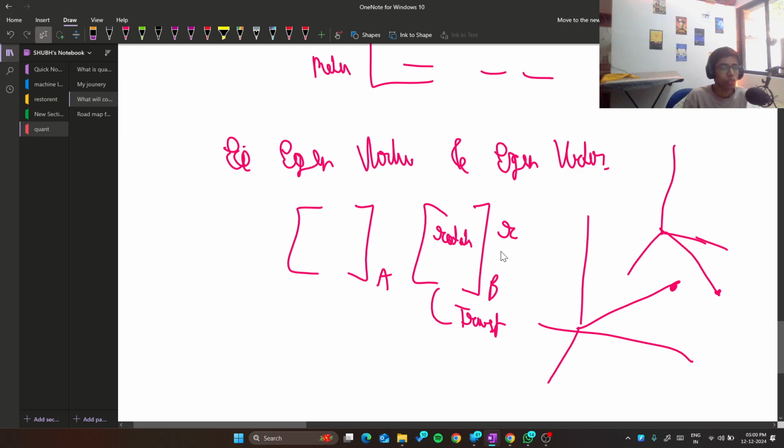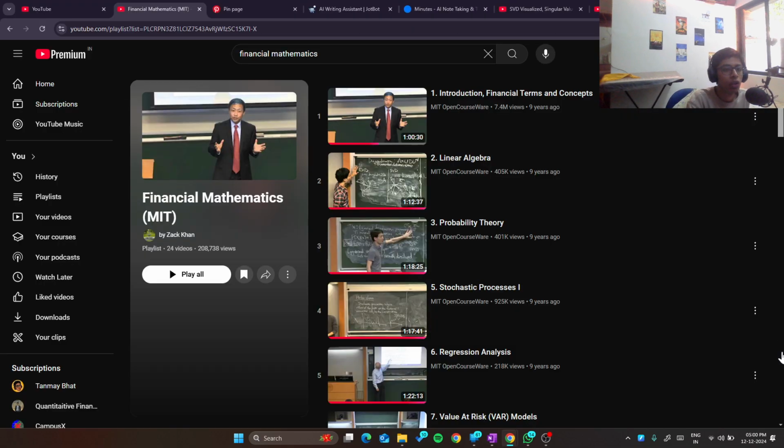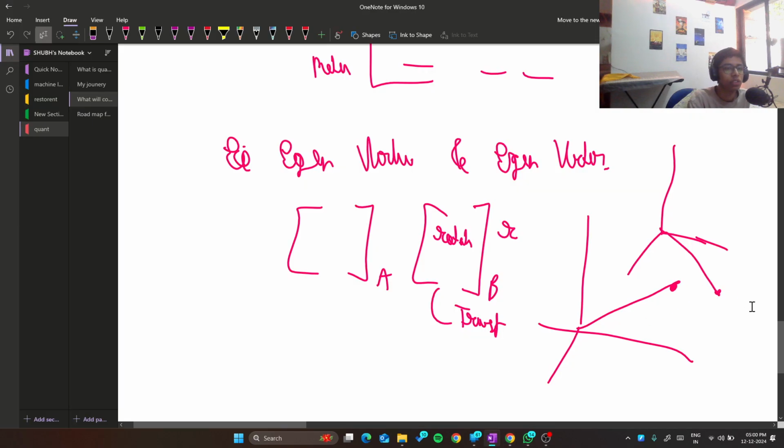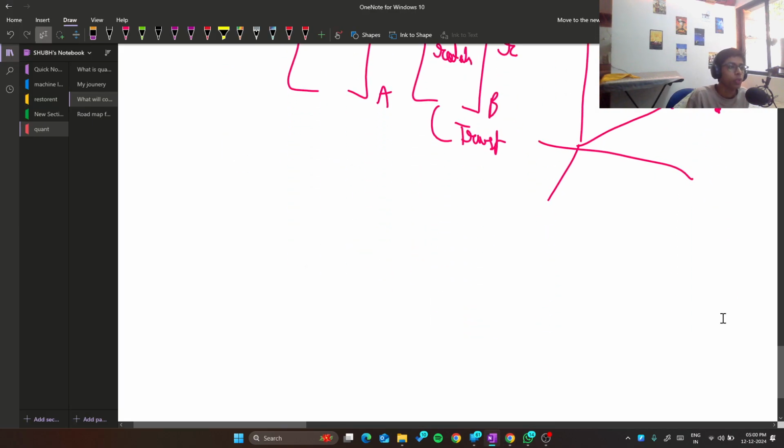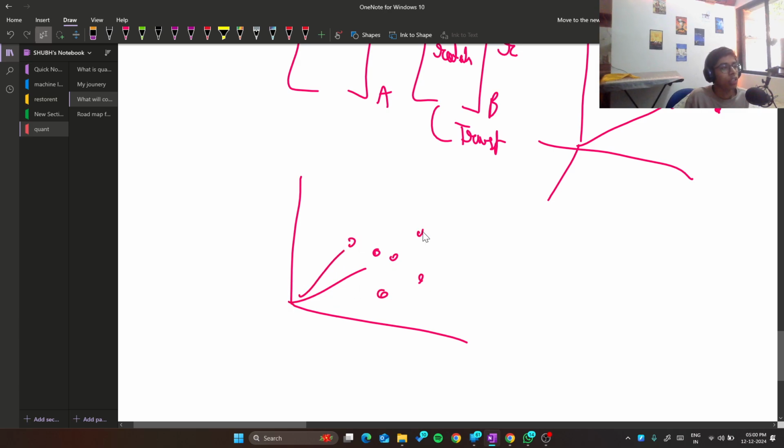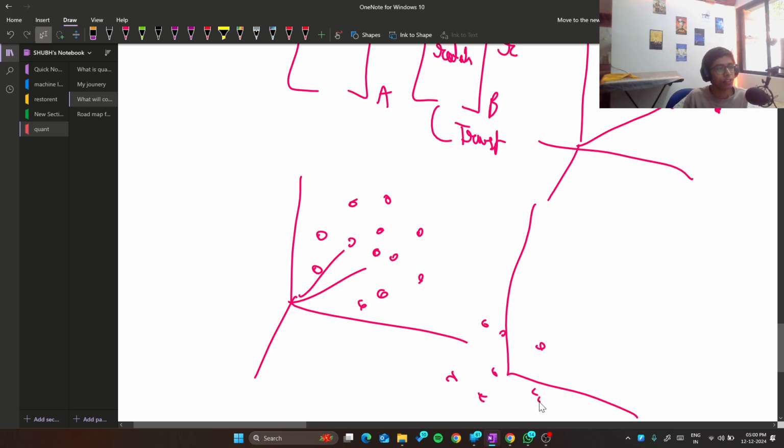So all the data points, any data point can change. Let's say there are so many data points in our Cartesian system. If we transform it, everything can transform, right?